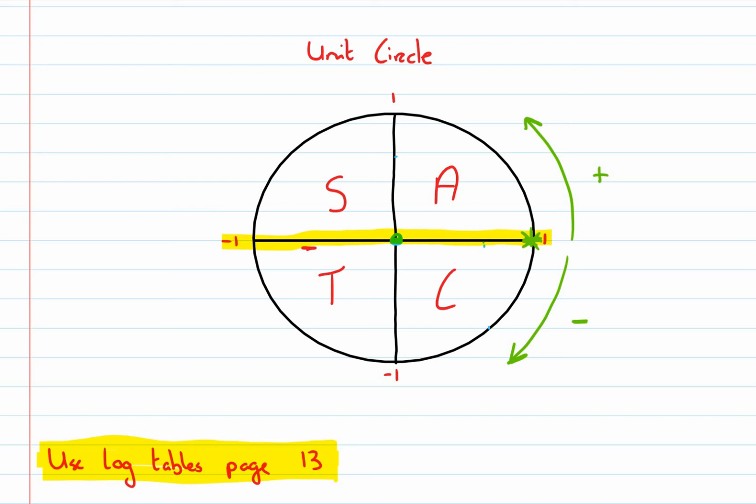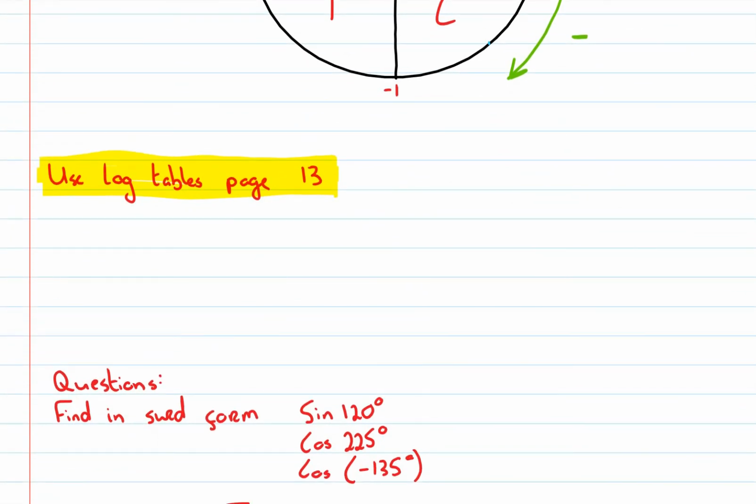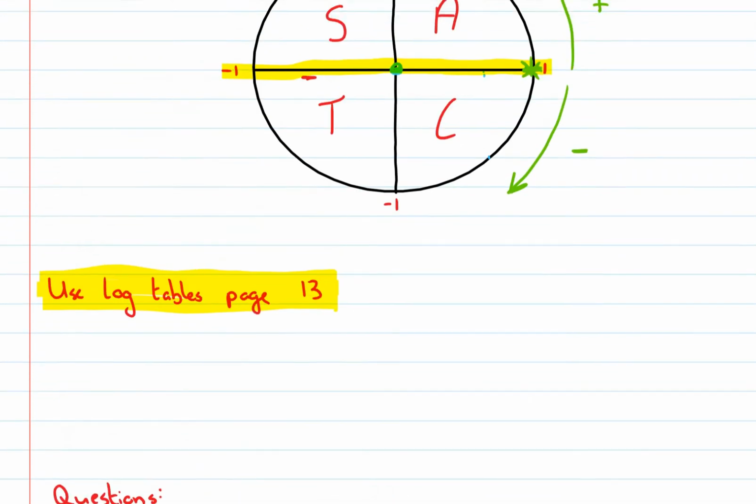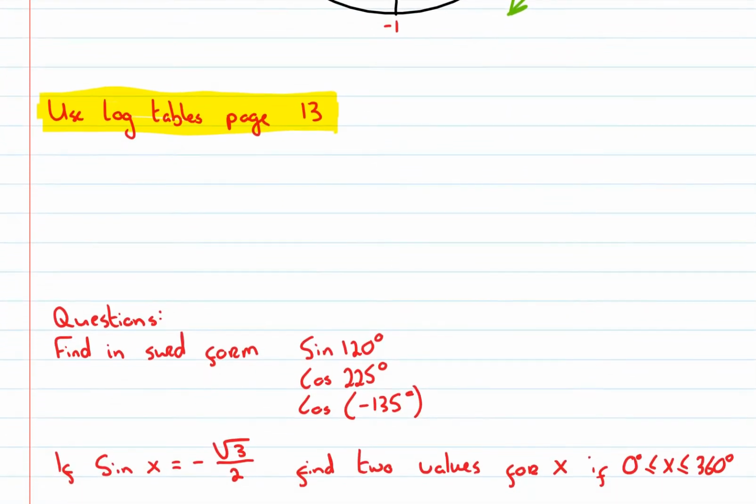Okay, a reference angle is an angle really between 0 and 90 degrees, positive or negative. Okay, that's very important for us. What you're going to need to use here is our log tables on page 13. Right, and the best thing I can do here is just do a question and show you how it works. Okay, so make sure you have your log tables out on page 13.